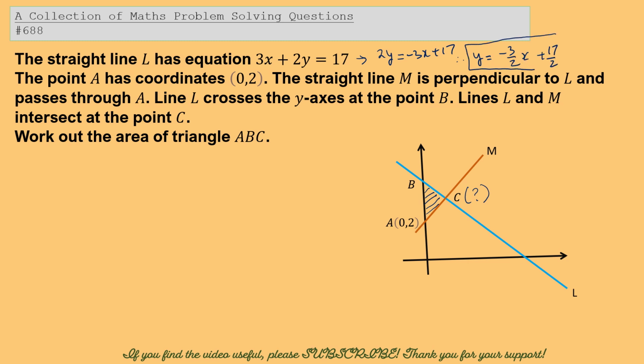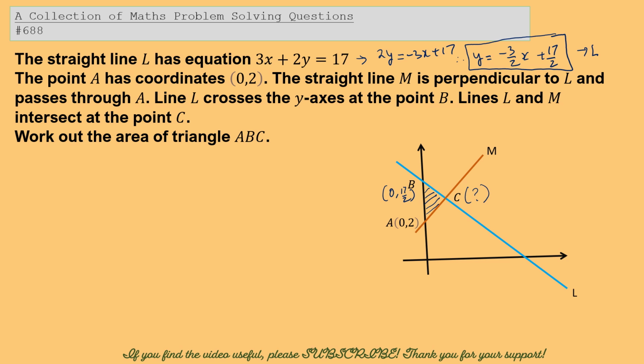So this is the equation of line L, with y-intercept 17 out of 2. Therefore the point B is 0, 17 out of 2.